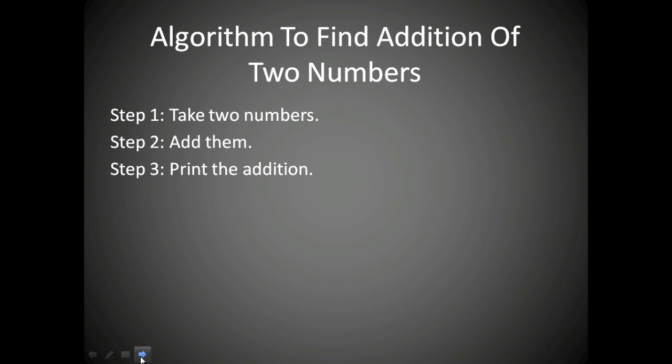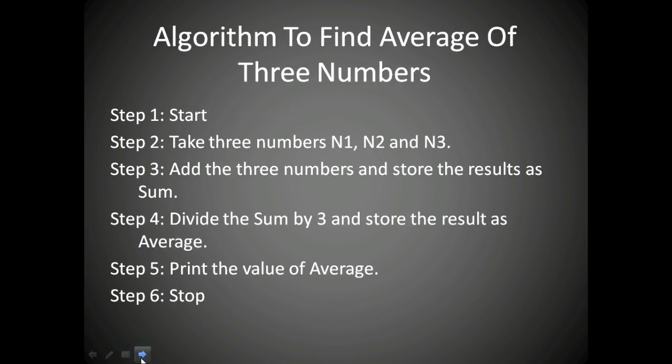Now when we want to write these steps in a proper algorithm pattern, at first we have to start with the word start, and at last we write the word stop, start and stop. In the middle only the sequence of steps will be there. So see now, algorithm to find average of 3 numbers.